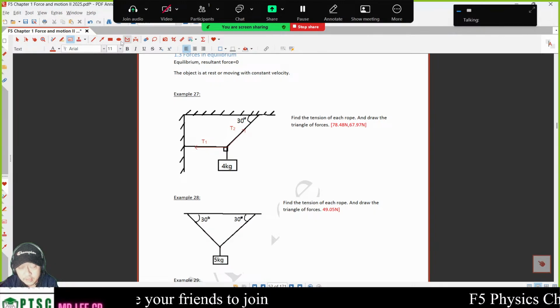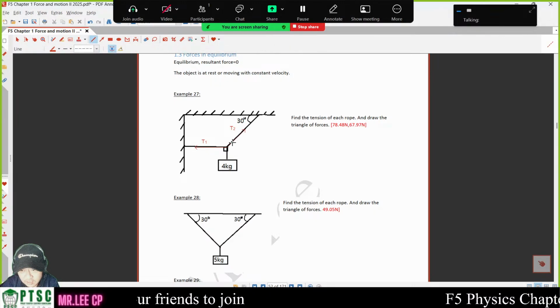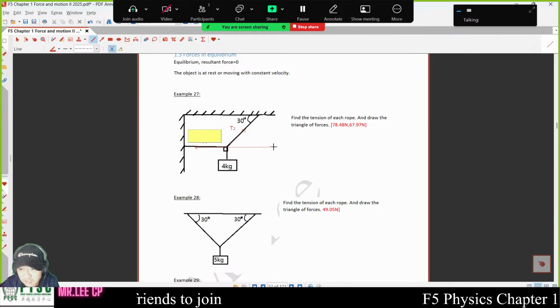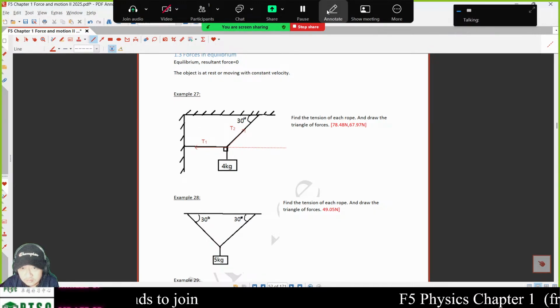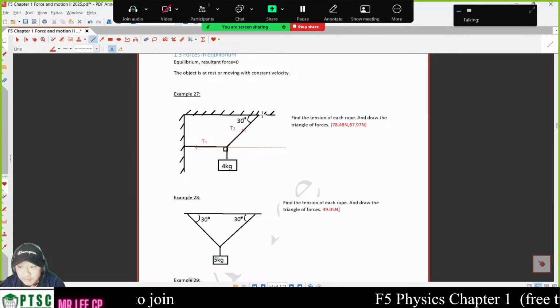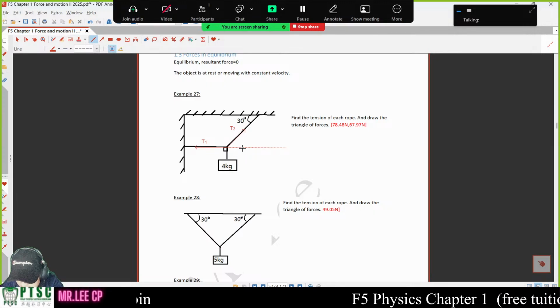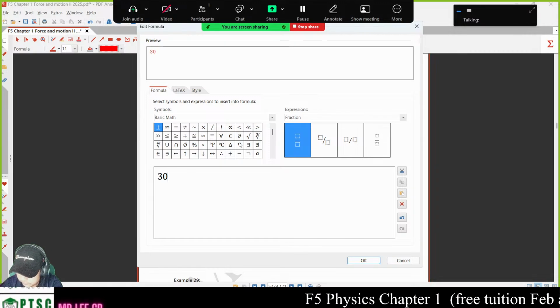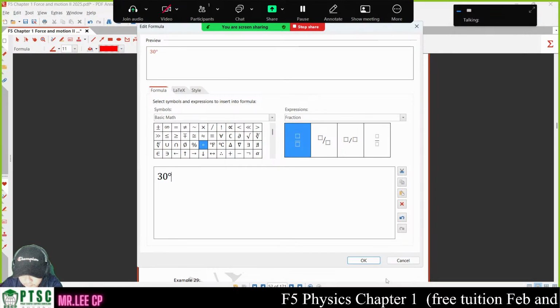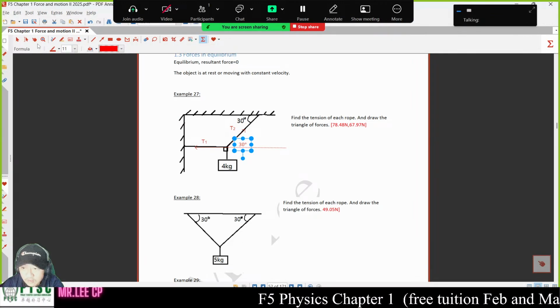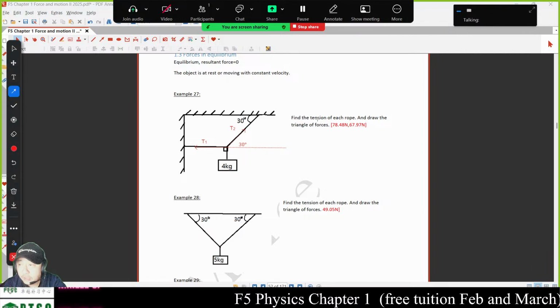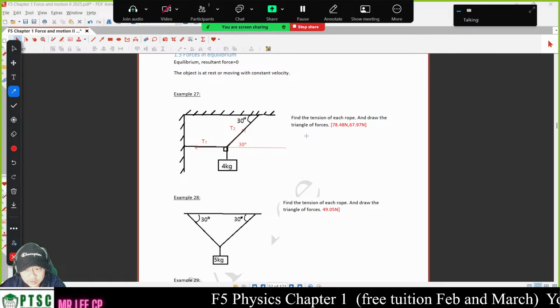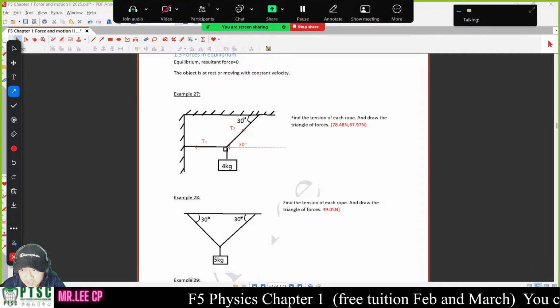Now here I draw this one so that it's easier for me to see. So here this angle is 30. I got everything in already. Now I want to find the tension of each rope. This object is in equilibrium.